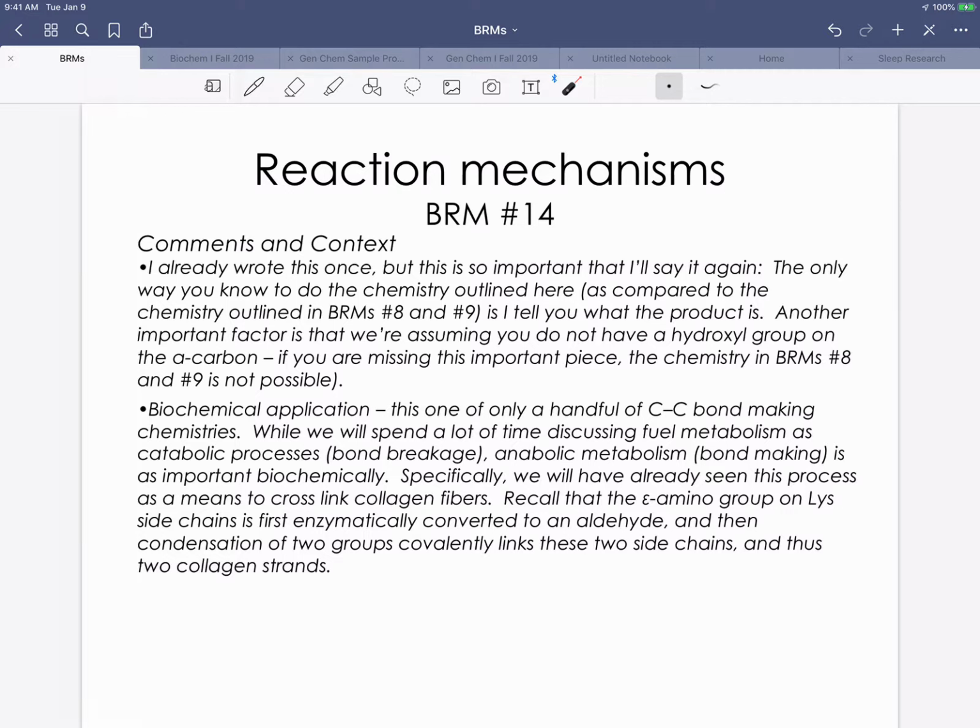This lysine is actually converted into an aldehyde, and then we're going to condense two of them together to cross-link two collagen strands. So some interesting biochemistry that we didn't necessarily talk about, but again, we can have some functional group conversion by converting that lysine's amino group into an aldehyde, and then we can have an aldol condensation to cross-link collagen fibers.